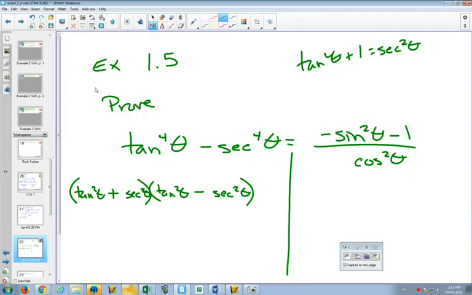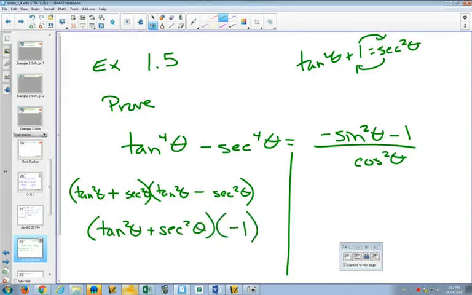What would it equal if you did that? Negative 1. So you can see if you move the secant squared over to this side and move the 1 over to that side, you would get tan squared minus secant squared, and it would equal minus 1. So now we can change this to just minus 1.